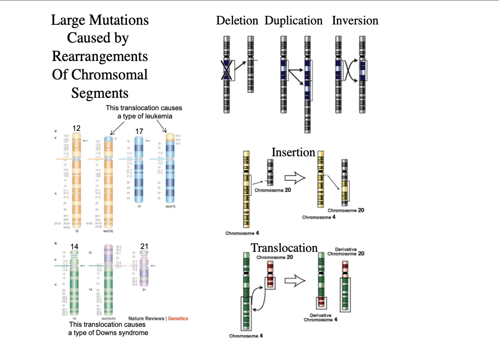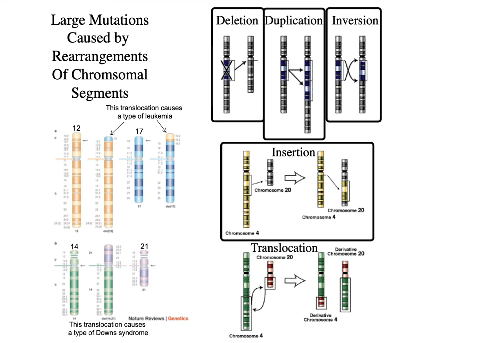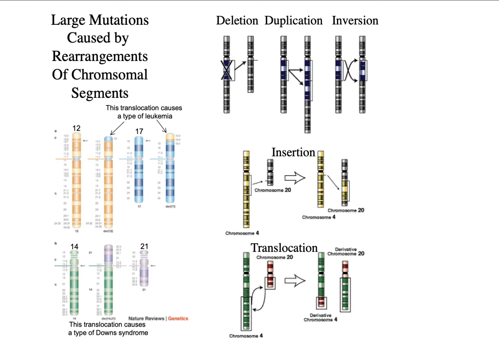So you can have deletions and insertions and inversions of chromosome regions. Often those will then lead to a deletion of certain functions in the cell, or duplication sometimes leads to deleterious or advantageous traits as well.